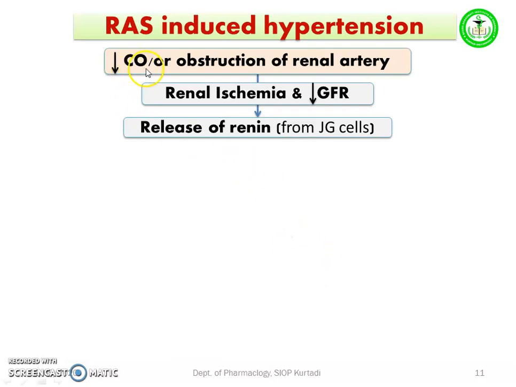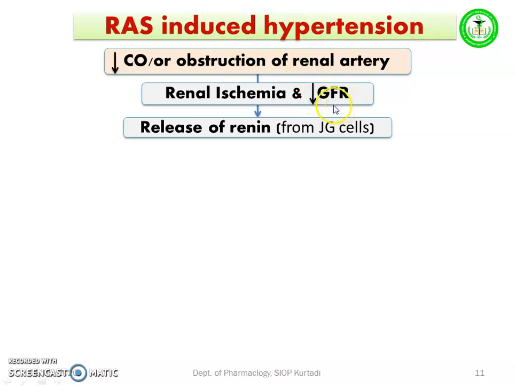The decreased cardiac output or obstruction of renal artery brings reduced blood supply to the kidney. That condition is known as renal ischemia. Thus, it brings again decreased glomerular filtration rate.